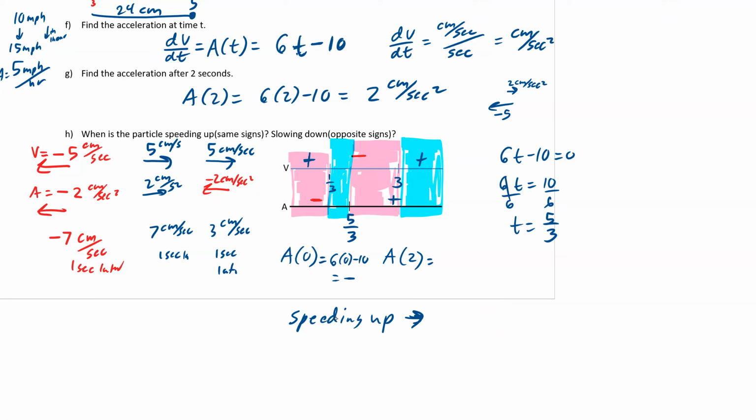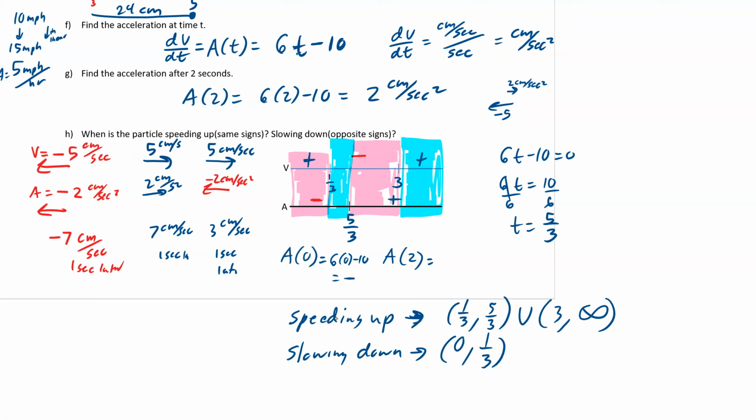Oops, speeding up is the blue. So between 1/3 and 5/3, union 3 to infinity. Slowing down, that would be between 0 and 1/3, union 5/3 to 3.